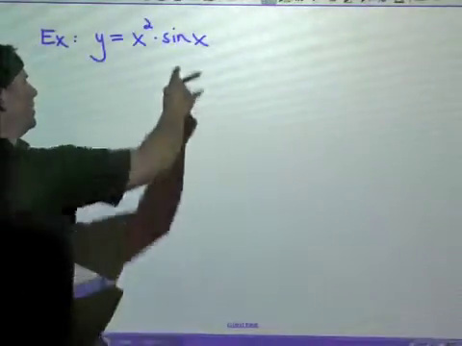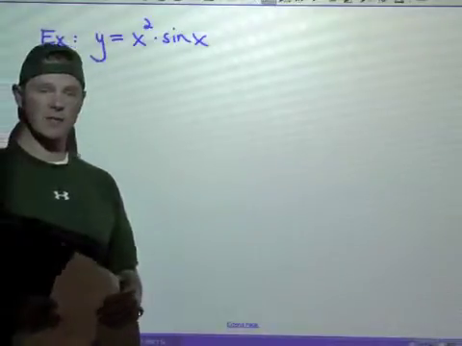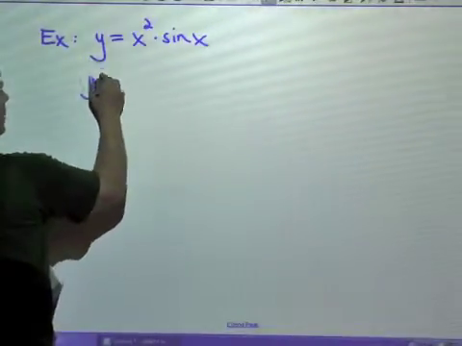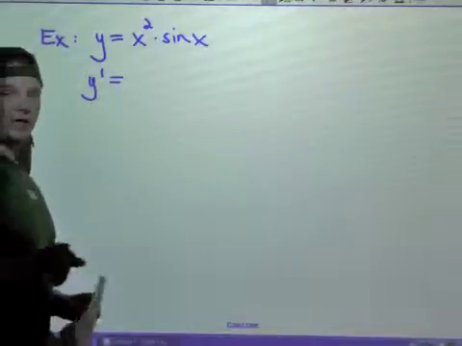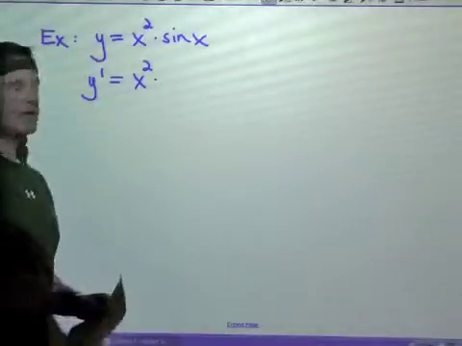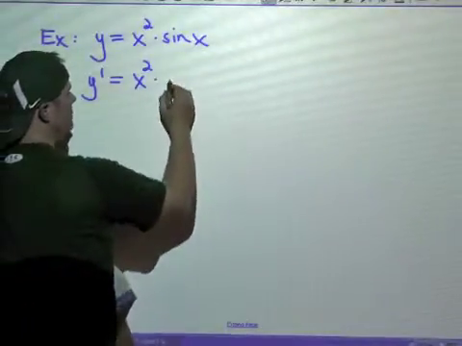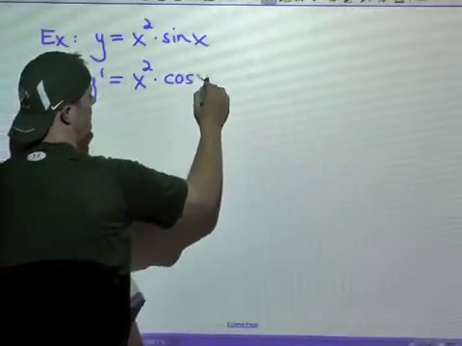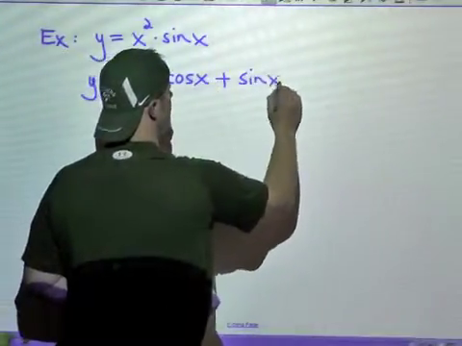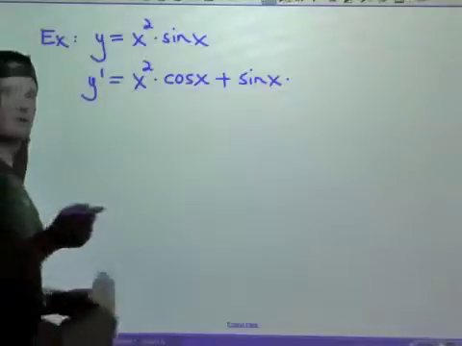Okay? And now that we know how to take the derivative of sine x, we can incorporate that into the process. So my derivative, y prime, using the product rule, we go first function times the derivative of the second, derivative of sine, cosine, plus the second function, sine x, times the derivative of the first, which is 2x.